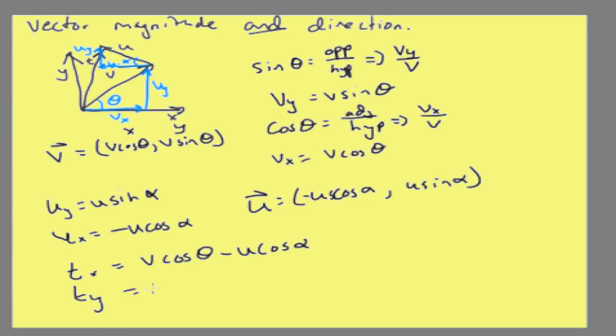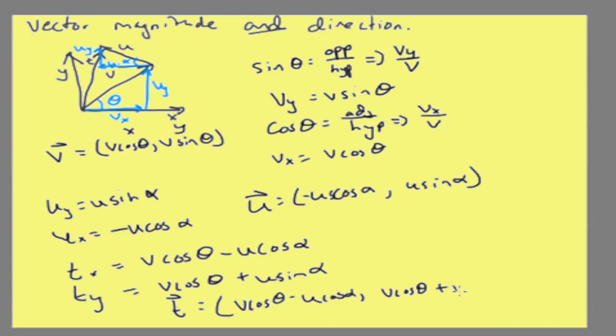T of y is going to be v sine theta plus u sine alpha. So we can rewrite this as our t vector is equal to v cosine theta minus u cosine alpha, comma v sine theta plus u sine alpha.